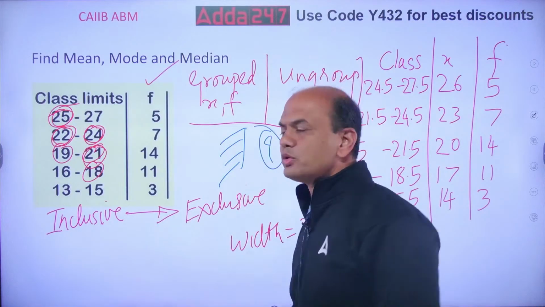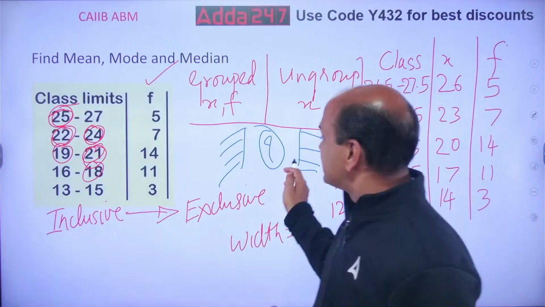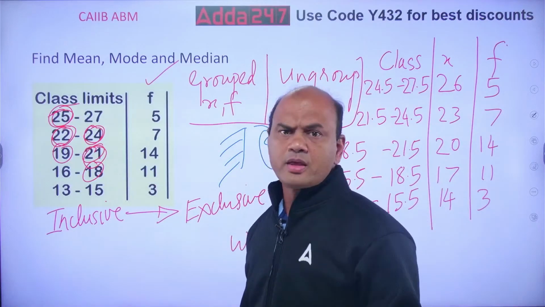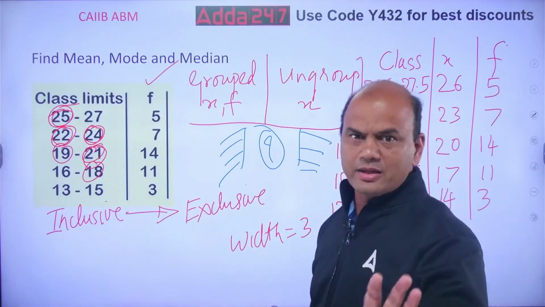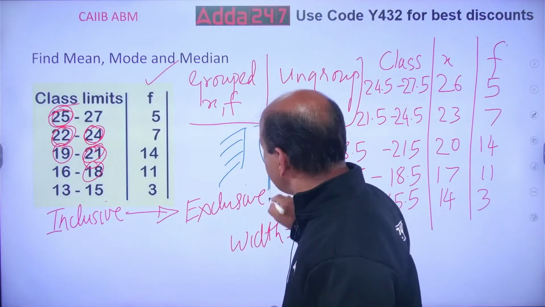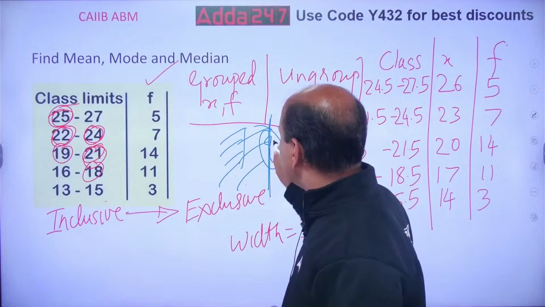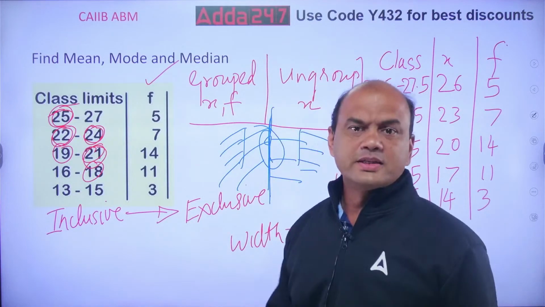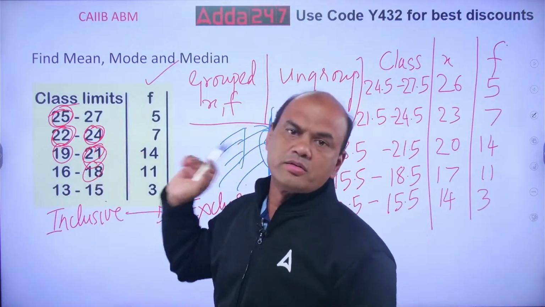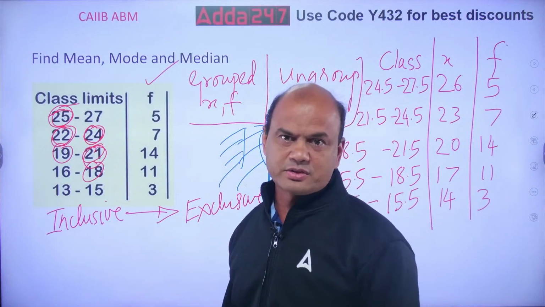Whose is this? No man's land. So this is inclusive. It is not allowed in practical life also. In practical life you will have a border over here. This part is mine, that part is yours, and this is the common line. Same thing will happen in statistics also.